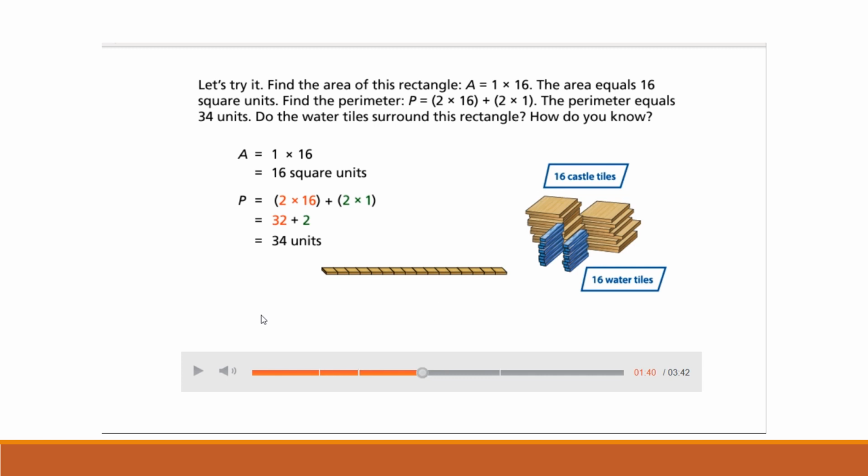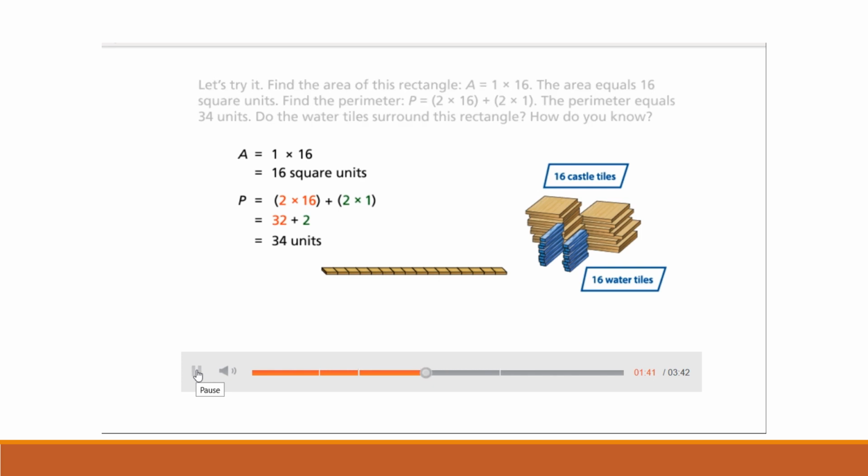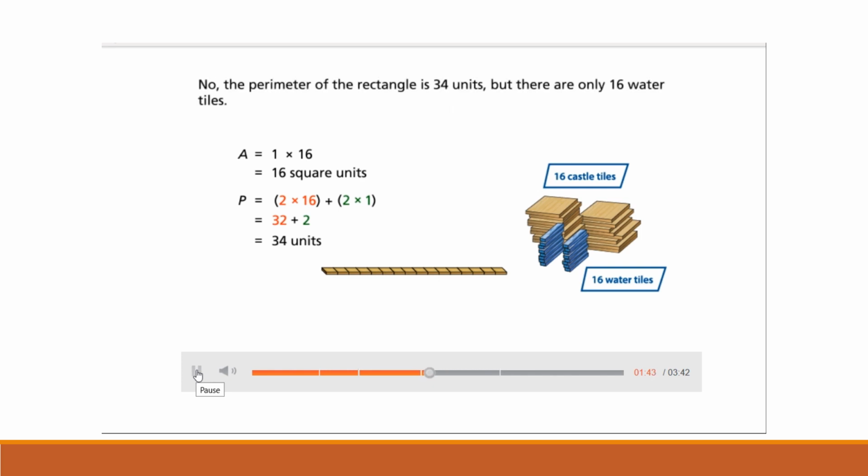So that one wouldn't work. No, the perimeter of the rectangle is 34 units, but there are only 16 water tiles.